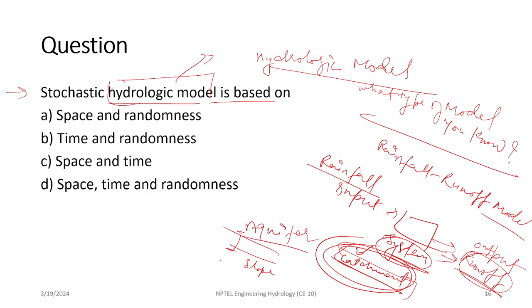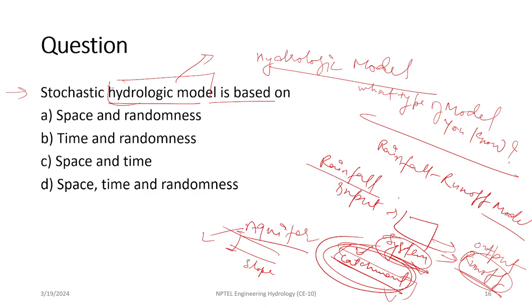Then aquifer parameters, in the sense of what I am saying, is the depth of soil present in that area, what type of soil is present in that area, what kind of LULC pattern is there in that area. So cumulatively I can add that this is a system. So catchment is entirely a system.